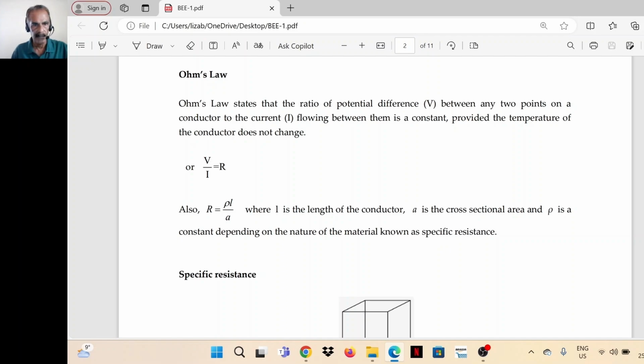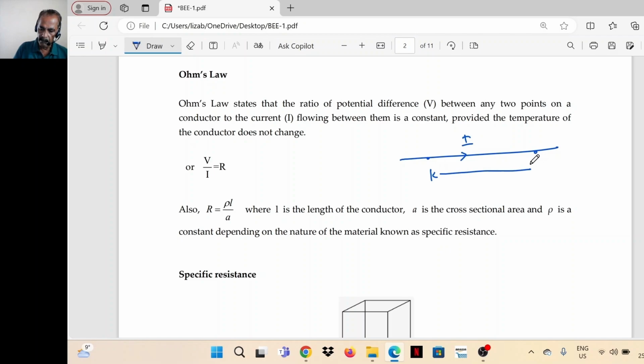Or equation-wise, if we put it, V by I is equal to R. That is, in a conductor between any 2 points, the ratio of potential difference and the current flowing between them is a constant, provided the temperature of the conductor does not change.